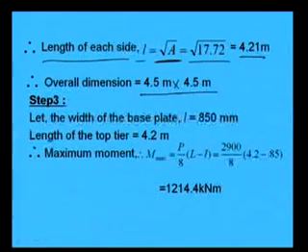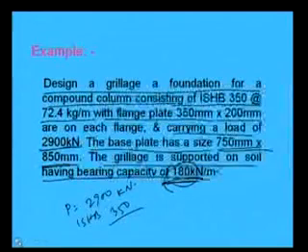So, foundation base we got. Now, we will find out the details of the top tier. So, as the width of the base plate was given 850, right, it was given 850 mm, 850 and 750.